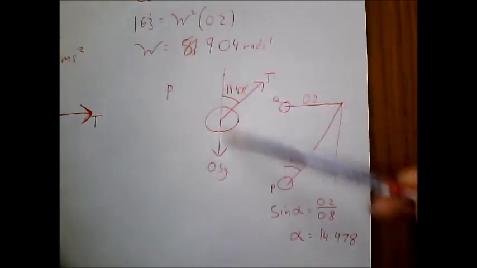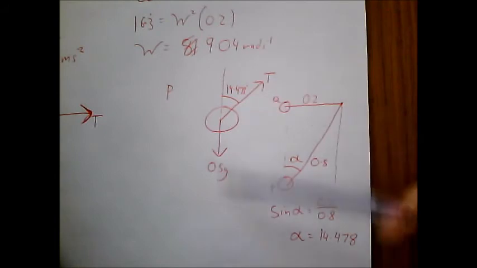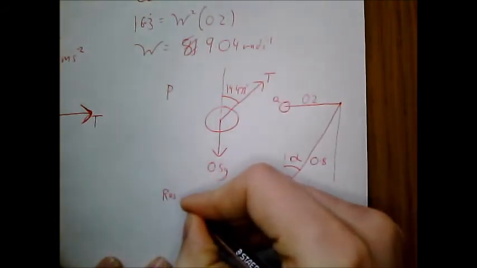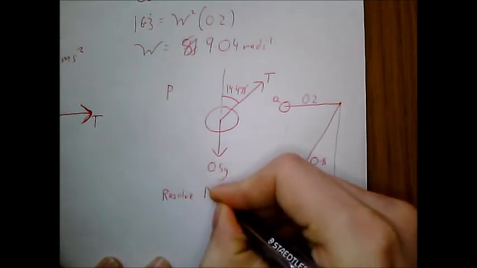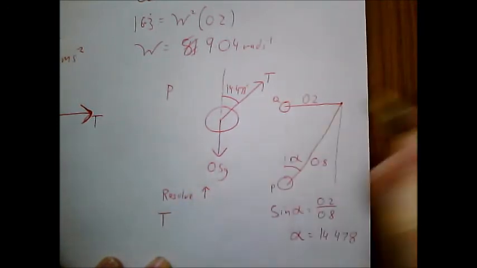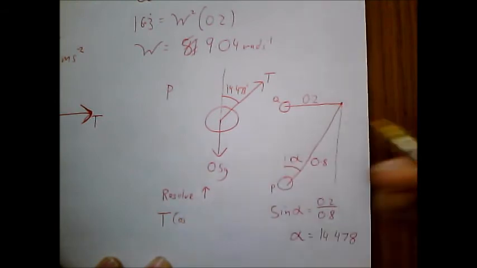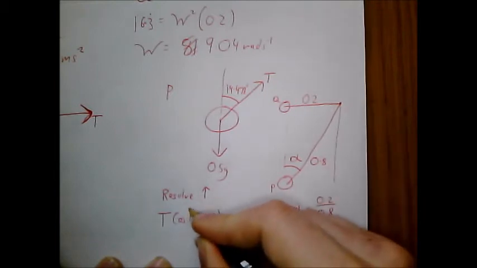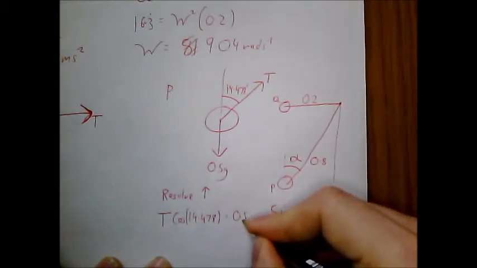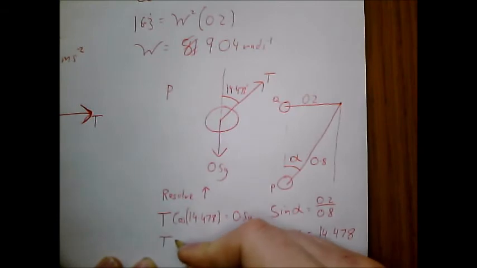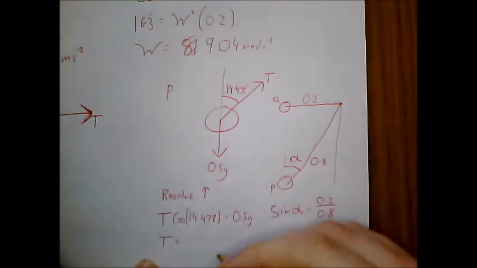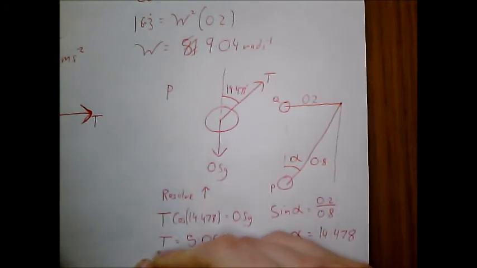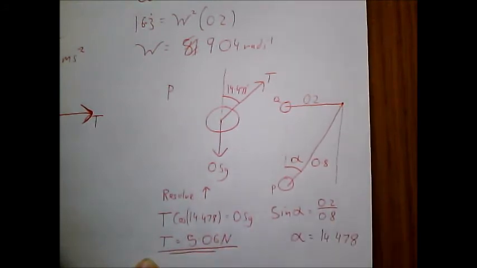Now we can resolve just like we did for part 1, vertically to find the tension. So T cosine 14.478 is equal to 0.5 g. So the tension in the string is 5.06 newtons. And that is part 2 done.